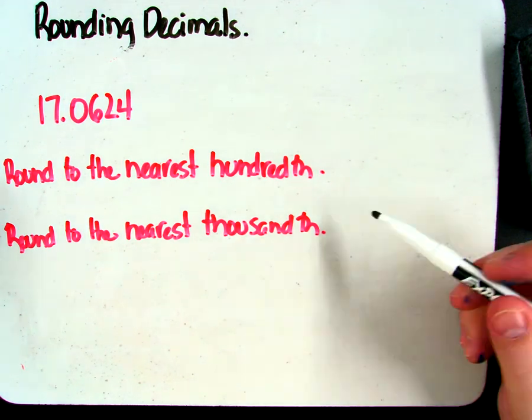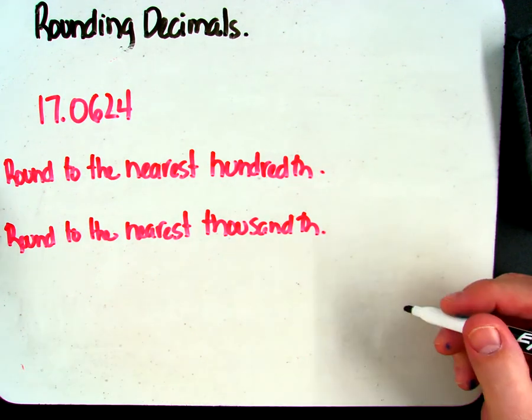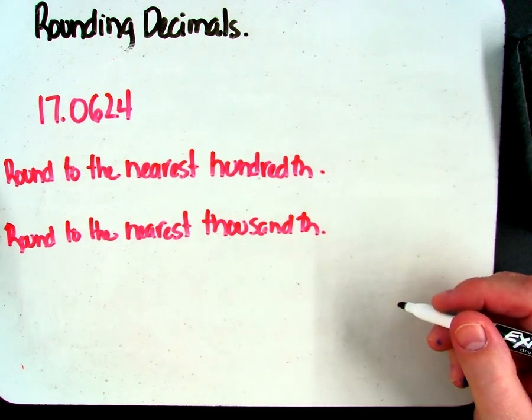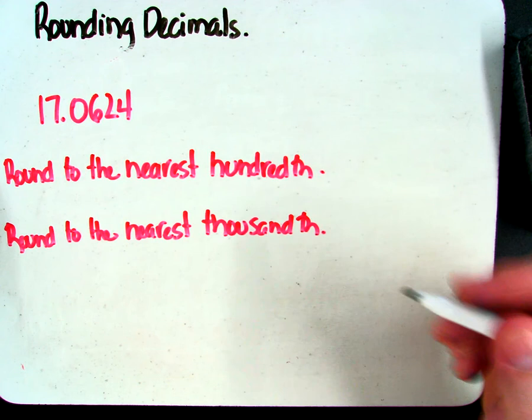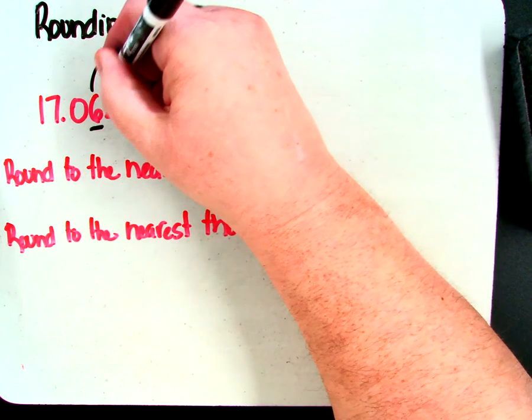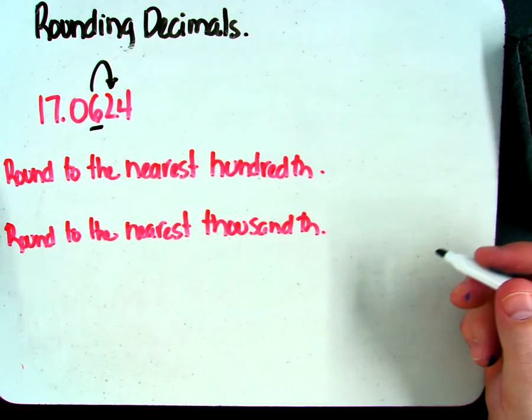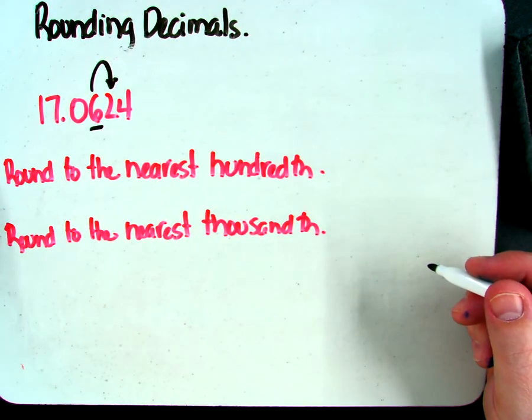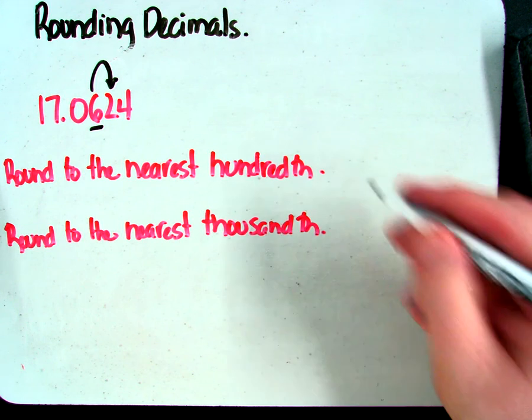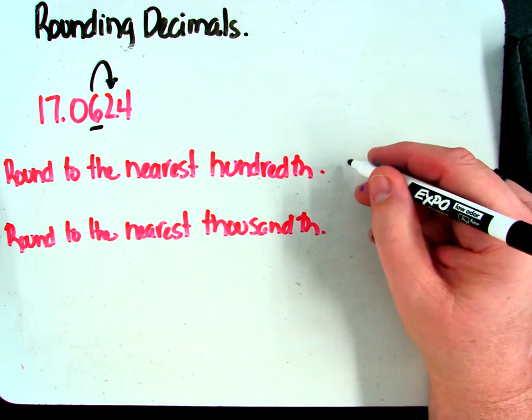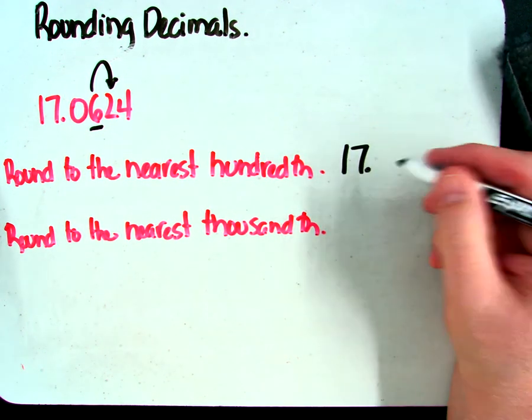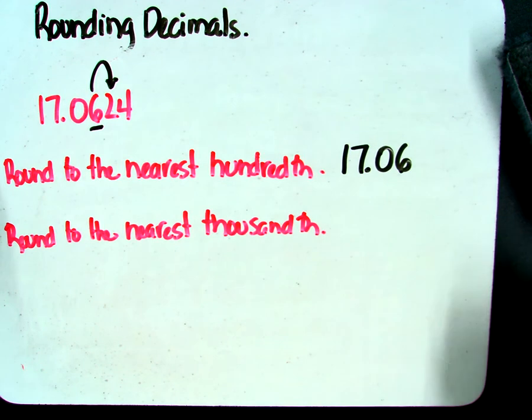If we're going to round this decimal to the nearest hundredth, what number do I underline? Very good. And I look at the 2. Does the 2 have the power to round the 6 up? No. So rounded to the nearest hundredth, our number would be 17 and 6/100ths.